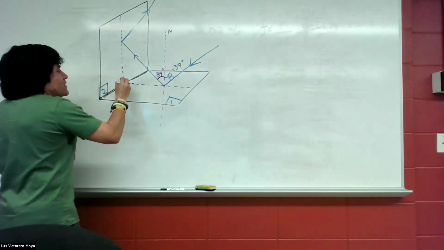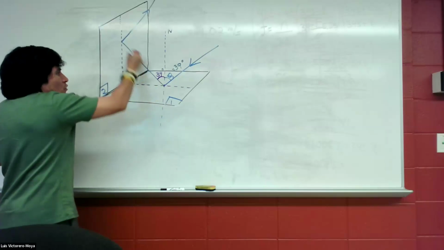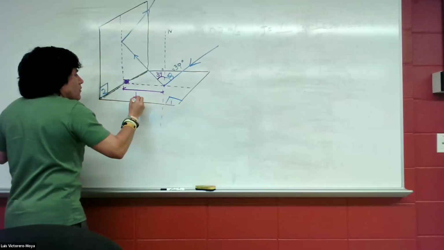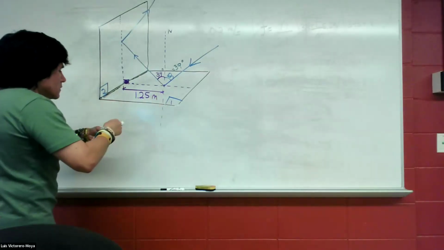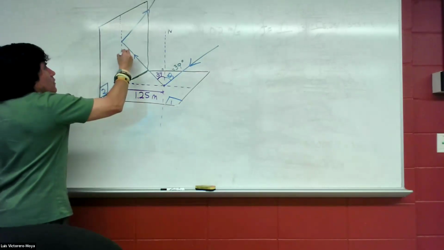Part A is asking you, what's this distance traveled, the hypotenuse? If this is 1.25, well, 39, 39 by parallel lines.